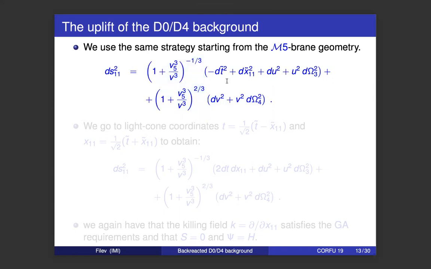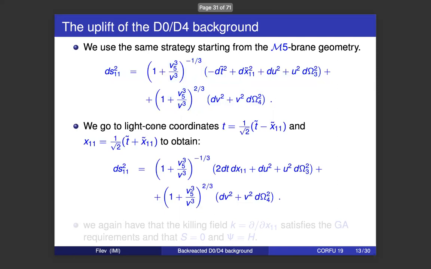And now we focus on this part of the geometry, which is flat. Well, conformally flat, I should say, right? There is a warp factor in front, but this here is conformally flat, and then nothing depends on x11. So we just do the light cone transformation. We end up with that part.